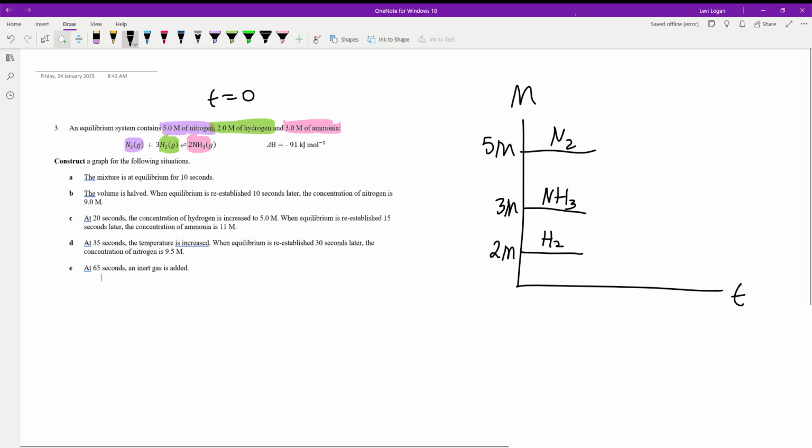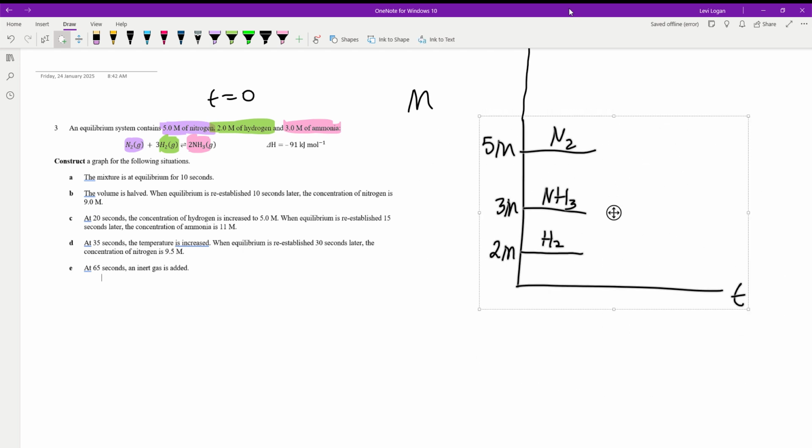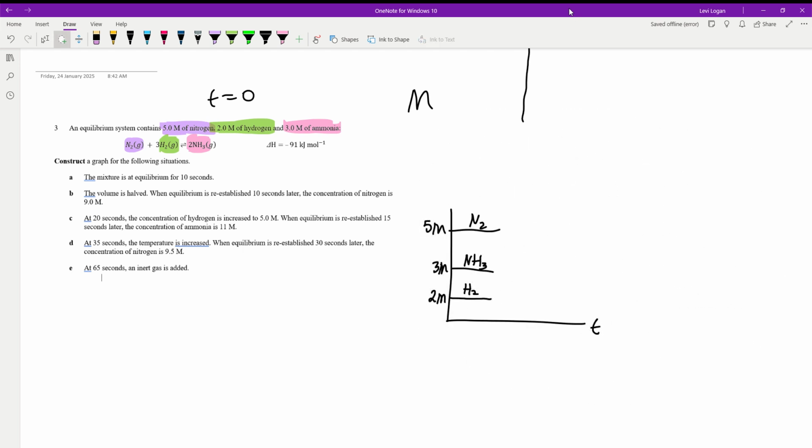Now I'm probably going to make this graph a little bit bigger because of what's going to happen next potentially. I'll make this a bit smaller, and I'll extend just this line here. Just gotta be careful.